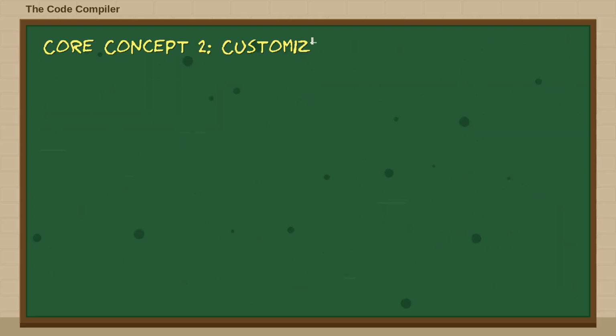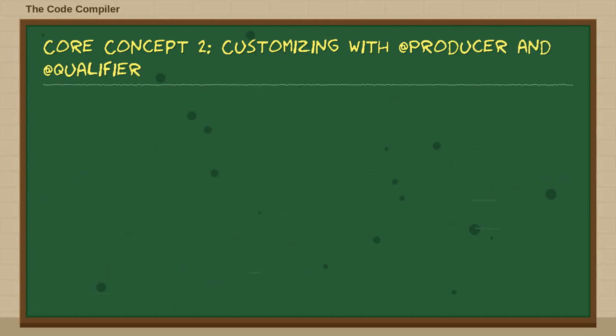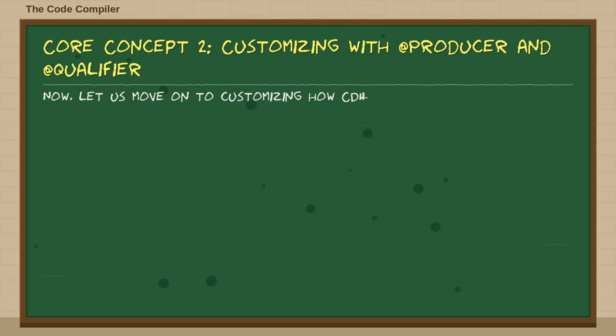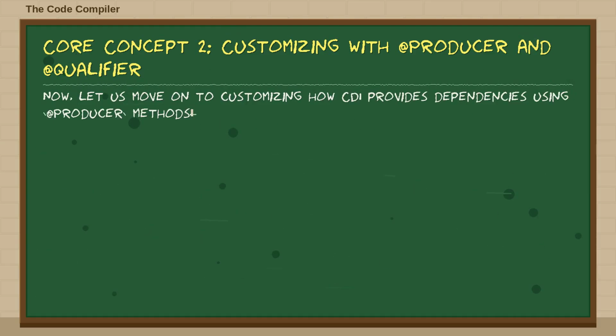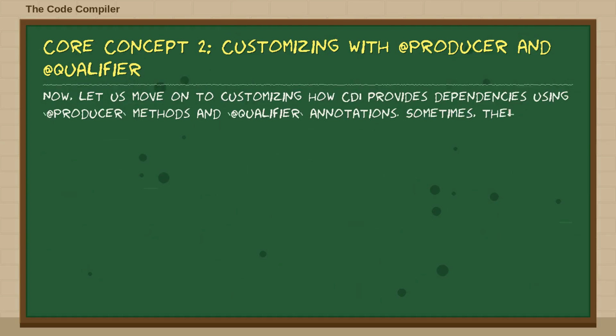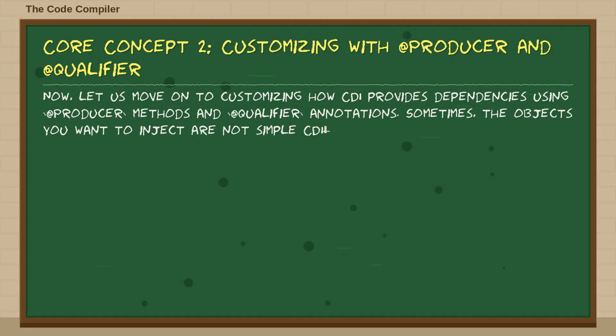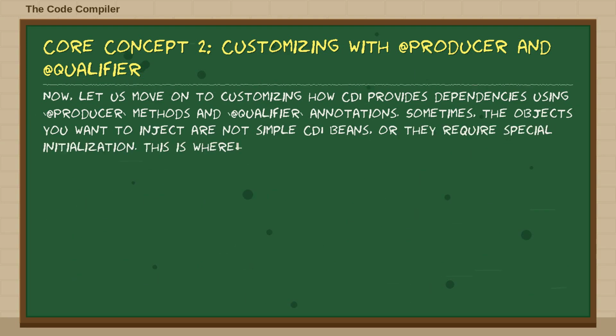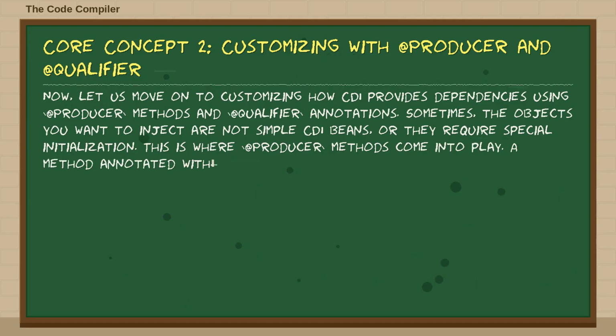Now, let us move on to customizing how CDI provides dependencies using @Produces methods and @Qualifier annotations. Sometimes, the objects you want to inject are not simple CDI beans, or they require special initialization. This is where @Produces methods come into play.